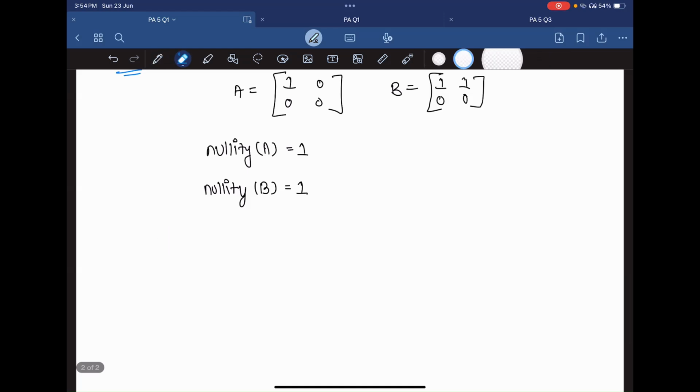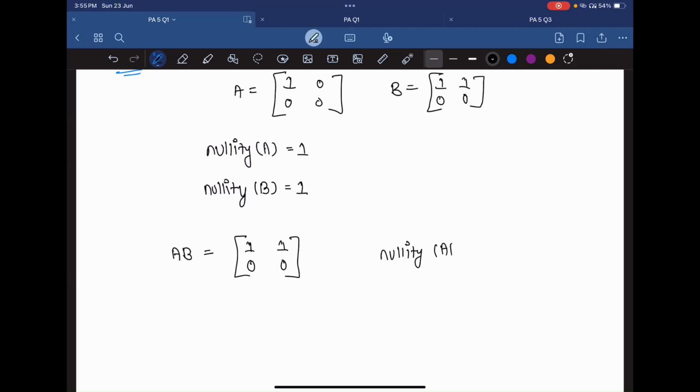Now if we do the product of these two matrices and get AB, we get this matrix, and this matrix is the same as B matrix. So nullity of AB is also equal to 1.